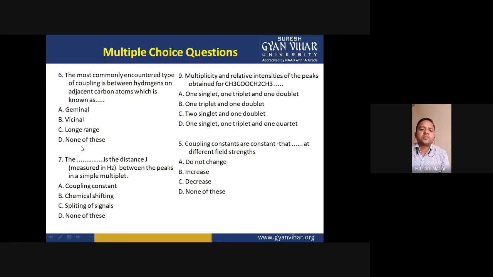Geminal coupling is coupling between two protons present at the same center. Vicinal coupling is coupling between two protons at adjacent centers, and it is asking about adjacent center coupling. So the coupling between hydrogens on adjacent carbon atoms is called vicinal coupling.